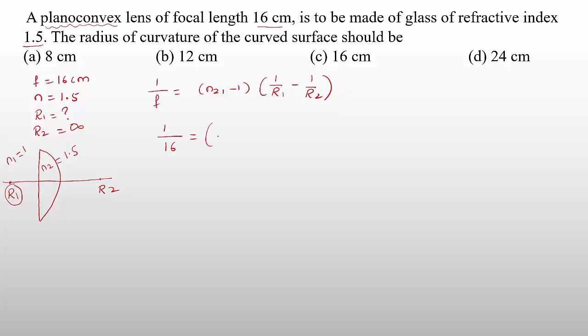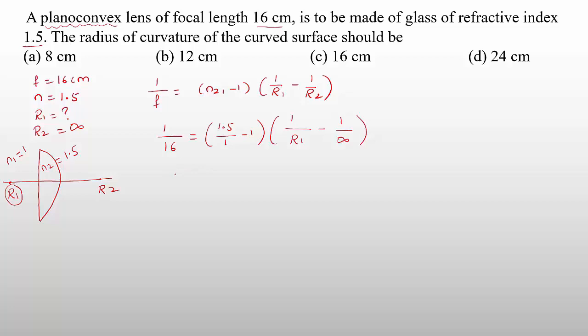So n21 means n2 divided by n1, 1.5 divided by 1, minus 1, into 1 divided by r1, which we have to calculate, minus 1 by r2. So r2, the radius of curvature of the plane surface, is at infinity.